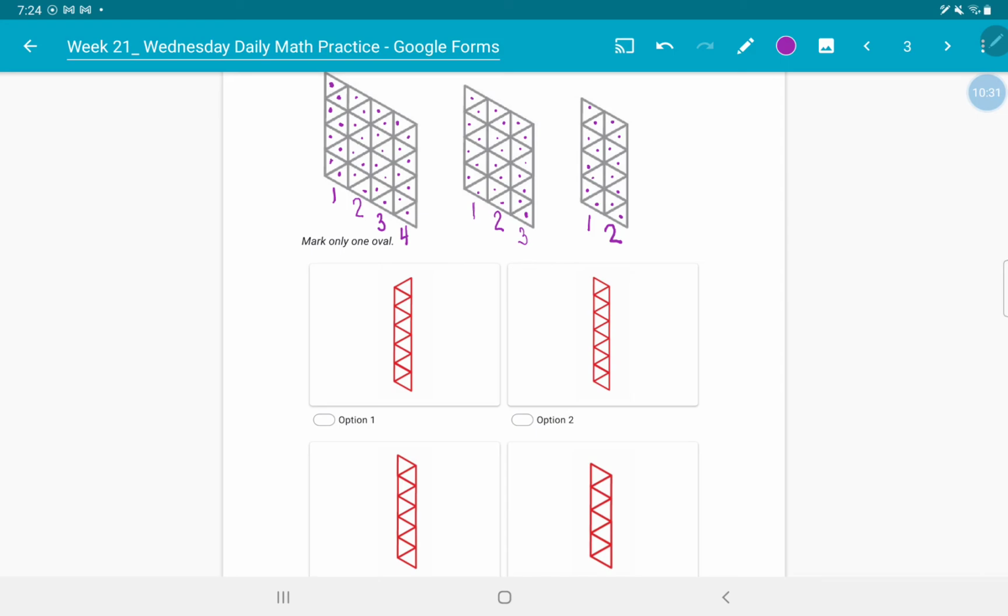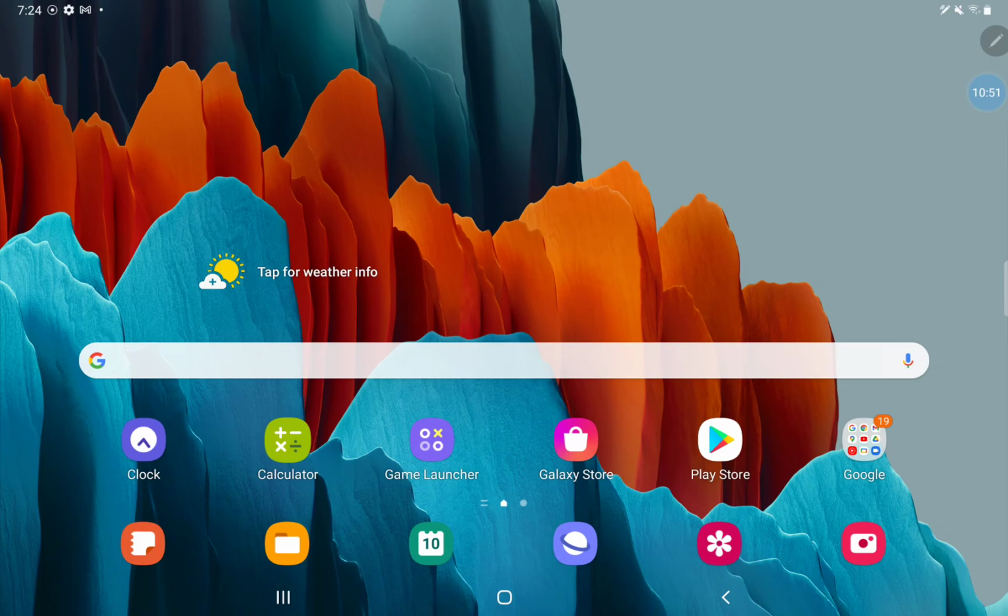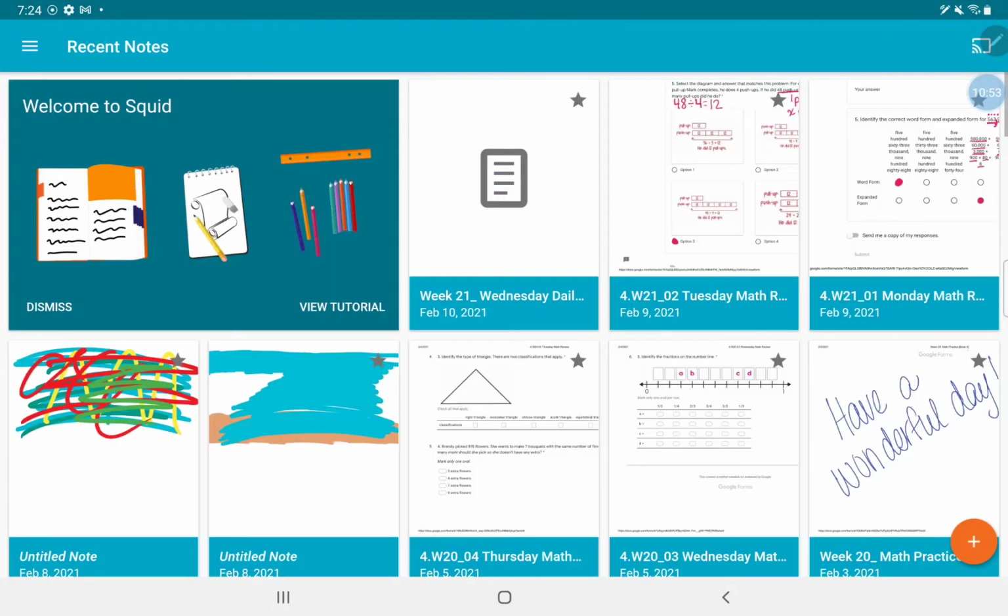All right, so each one of those columns in all 3 arrangements, there's 8 triangles. So I start with 4 columns, then I go to 3, then 2. So my next arrangement would only have 1 column, and I know that there needs to be 8 in each column.